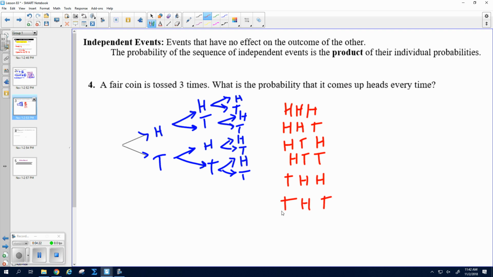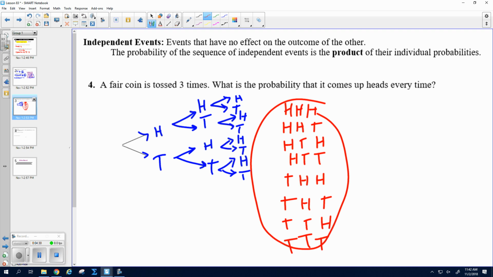Beep, beep, beep. So it's like third grade. All right, so how many different outcomes do I have here? 8. So what's the probability of getting a heads all 3 times? Heads, comma, heads, comma, heads. There is 1 way out of 8.